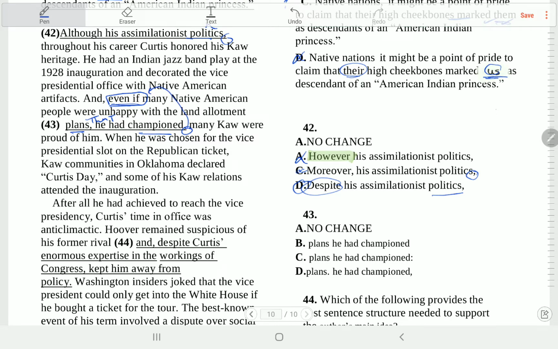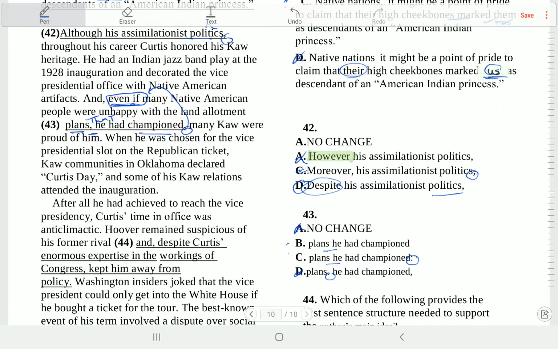So this comma belongs to the if clause. What about the comma here? We don't need it. It should be, if he said, the plans that he had championed. Okay, in B he didn't put a comma. In D he put a full stop, of course no. B and C colon. Here, the end of even if: when you started the sentence with even if, is that a complete idea?